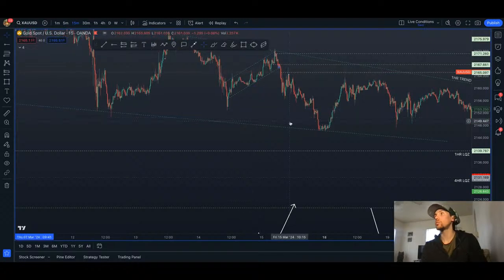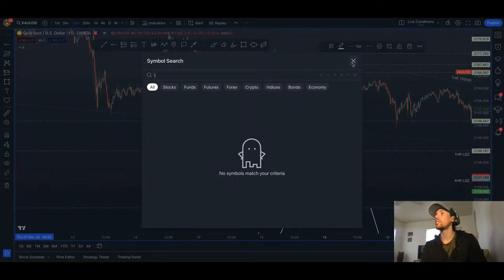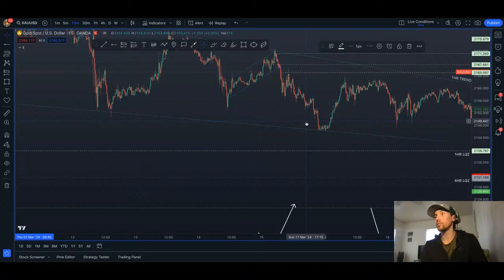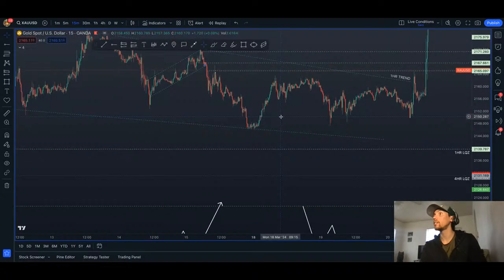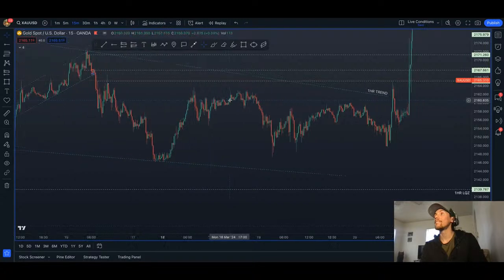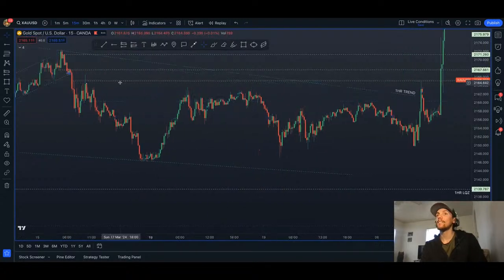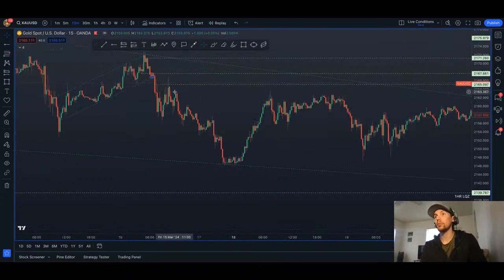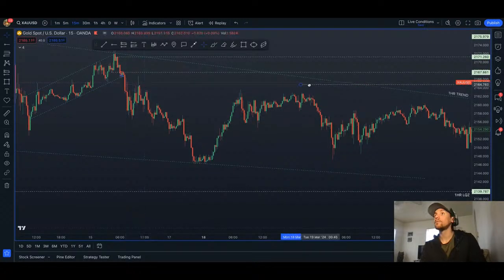That was our initial, so that was our first target. Sometimes these things are so textbook, it's crazy. That's our high.